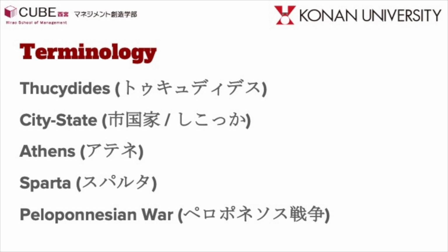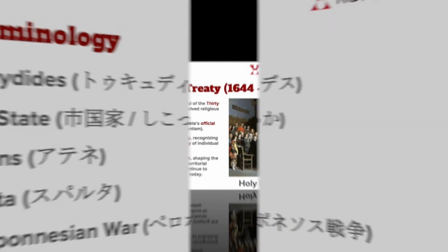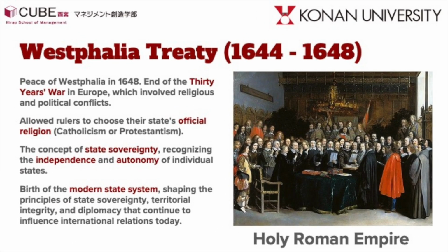And more recently, the Westphalia Treaty, which was negotiated between 1644 and 1648, is considered to be the birth of the modern state system.